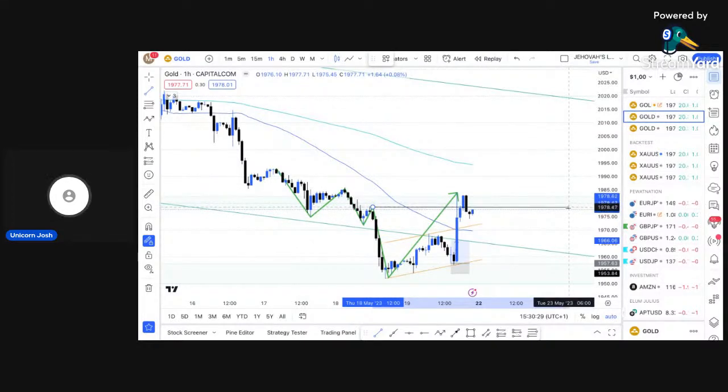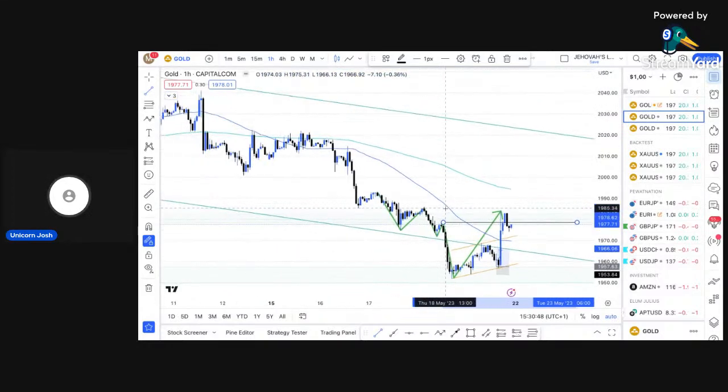Now, some will call it a change of character. And then when it actually validates by creating a higher low and then a new higher high, then they will call it a break of structure. But for me, there are two things that validate a break of structure.